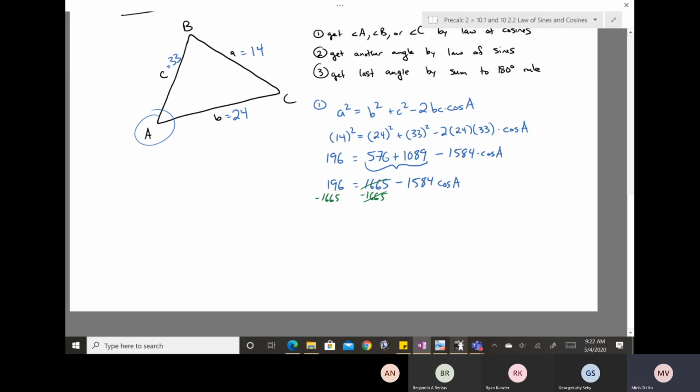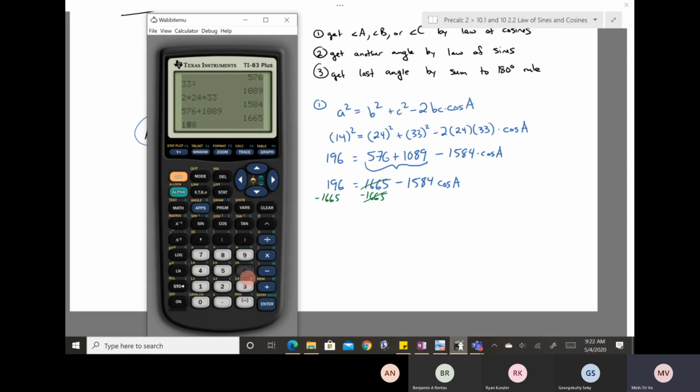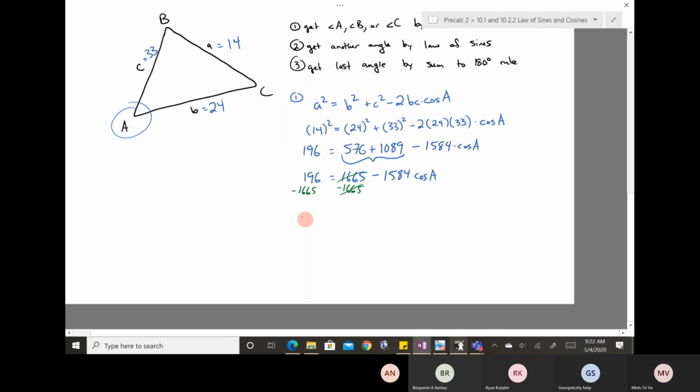Right, so what is that? 196 minus 1665 is negative 1469, which is equal to minus 1584 cosine A. So that means that cosine A is equal to negative 1469 over negative 1584, right?